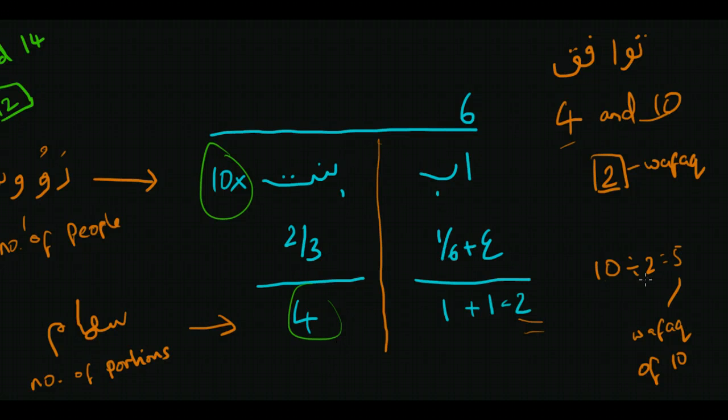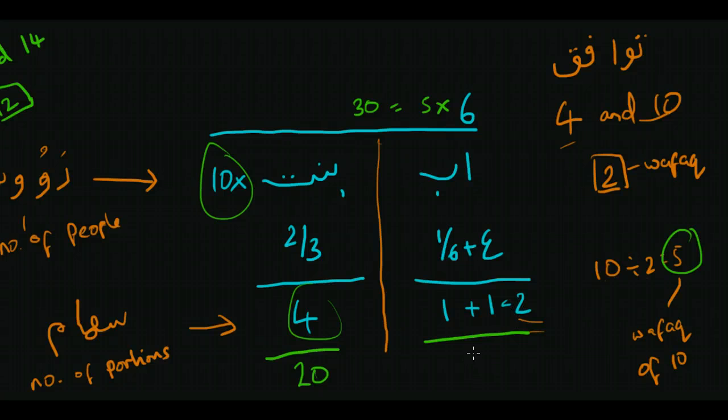Once we have that all important number 5, we multiply it at the top, which becomes 30, and then we multiply at the bottom as well. So it's 4 times 5, which is 20, and 2 times 5, which is 10. So essentially the father gets 10/30ths, and the daughters share 20/30ths.